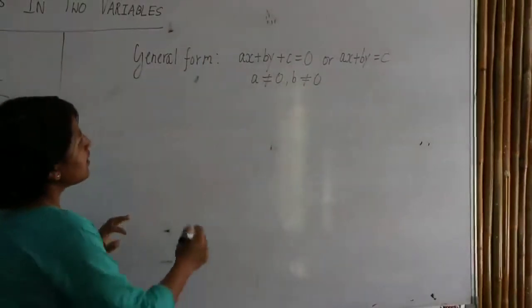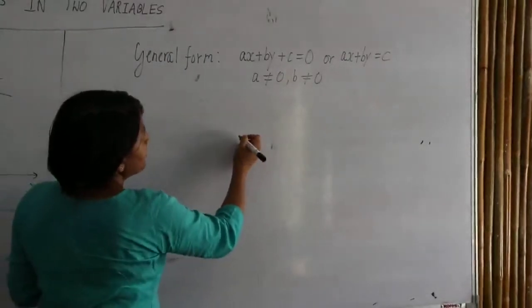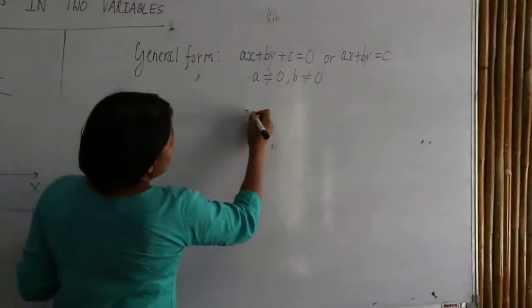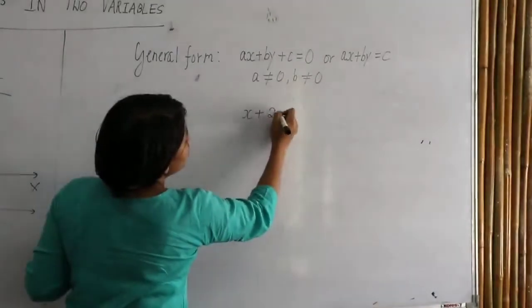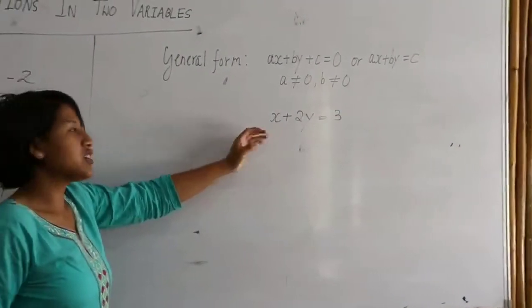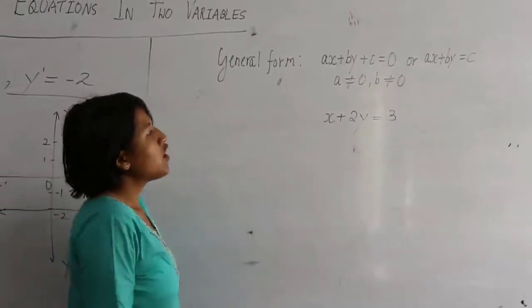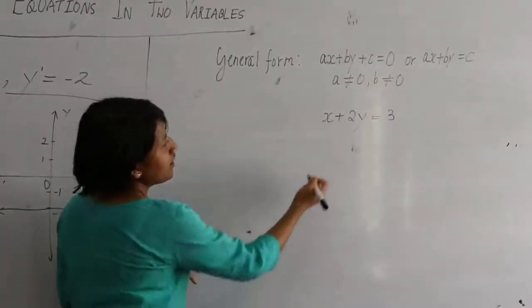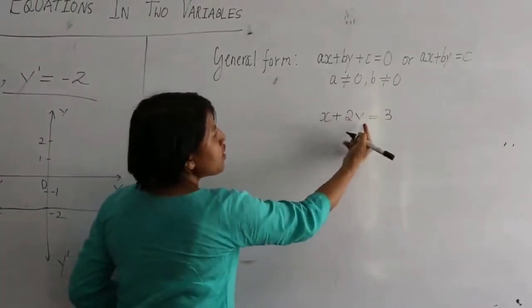Let's take a particular equation, say x plus 2y equal to 3. Now this is a linear equation in two variables. Again, the degree of each of these is 1.